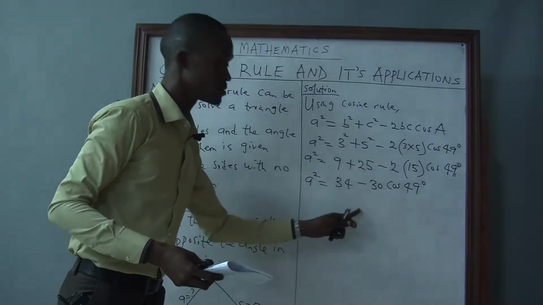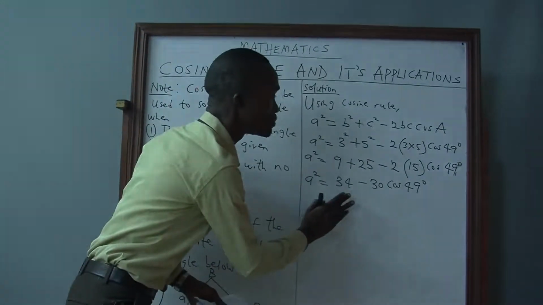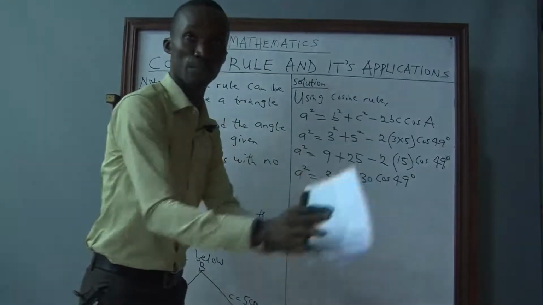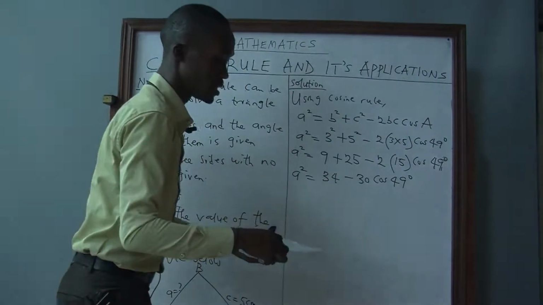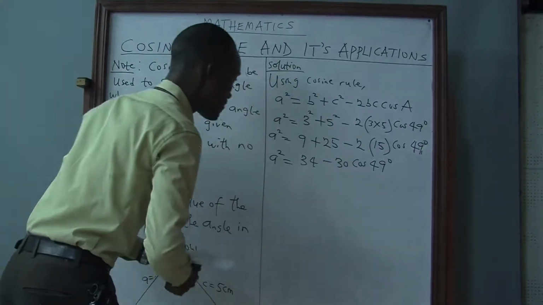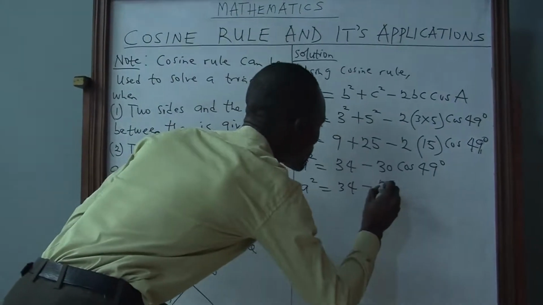If you should do that, you end up getting a wrong answer. 34 should be treated separately. Then this 30 cos 49 should be treated separately. And then we use the sign that is separating them. Then from there we have a square equals 34 minus 30.